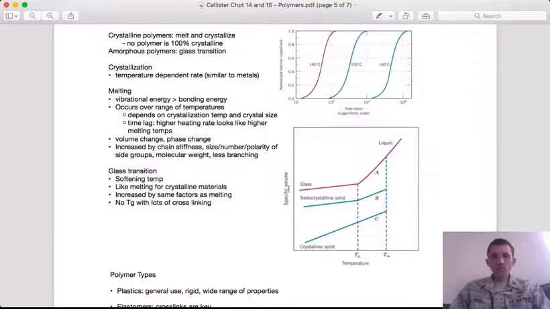So you can see here the specific volume, that is volume per mass, increases as a function of temperature, right, leading up to these transition points, both glass transition and melting temperature, but even beyond. As we increase the temperature, we are providing more energy for molecular vibration, which is going to space out those chains and lead to a volume increase.